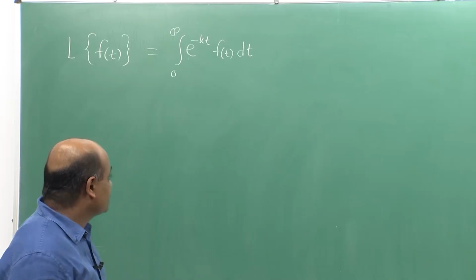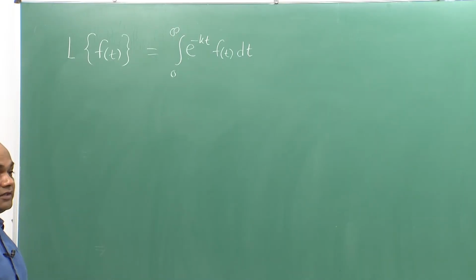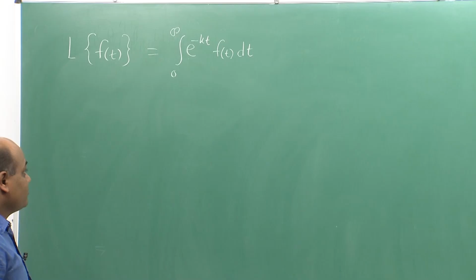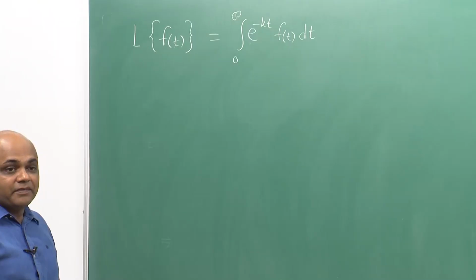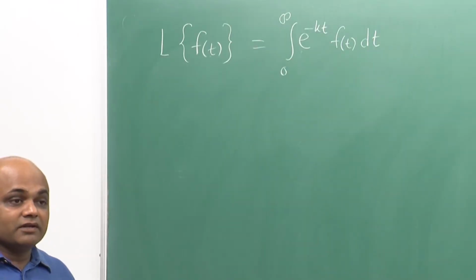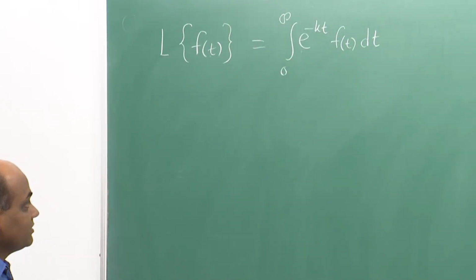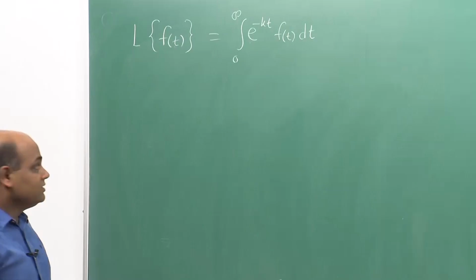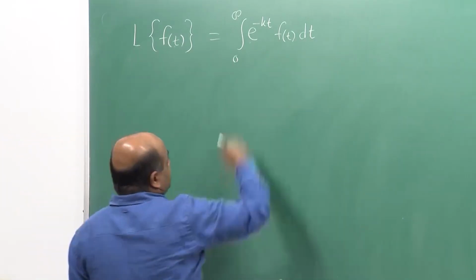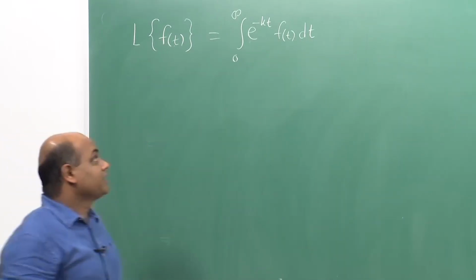So, if we have a function f of time t, to take its Laplace transform we multiply the function by e to the power minus k t and integrate the product from time equal to 0 to infinity. This is a definite integral, so obviously, it is independent of time.